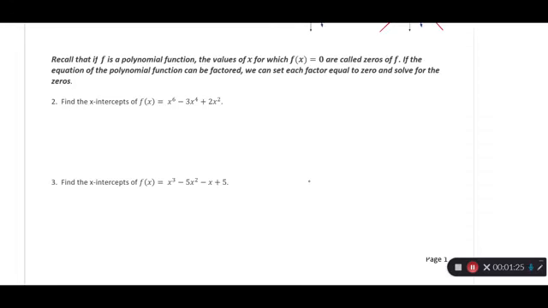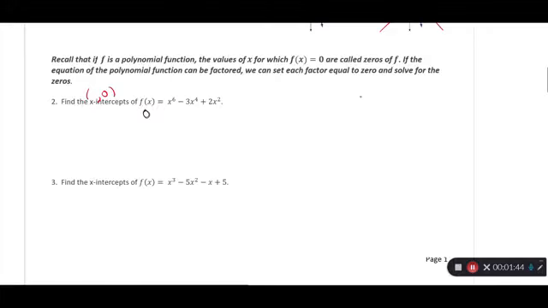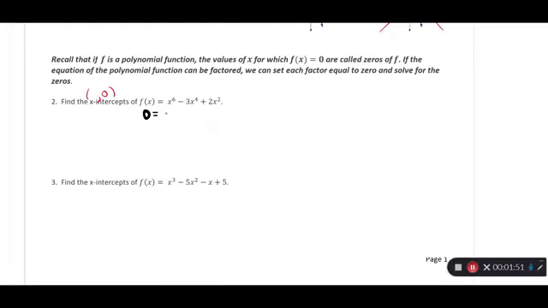If I'm looking for the x-intercepts, and if you think about coordinates, the x-intercept has a y value of 0. So I'm going to make the y value 0, and we're going to try to factor it. Equals.